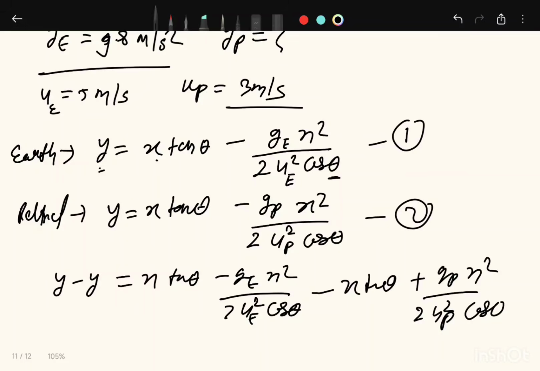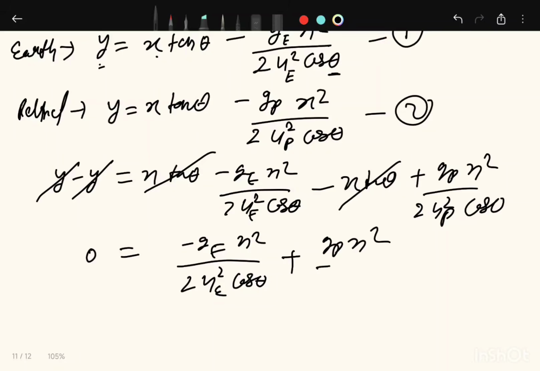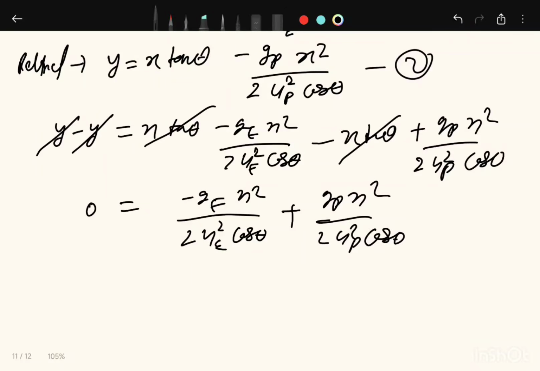So you see this x tan theta and x tan theta will cancel out, y will cancel out, so we'll be left with 0 equal to minus Ge x square upon 2u square e cos square theta plus Gp x square upon 2u square p cos square theta, right? So you see here x square, cos square theta and 2 are common.